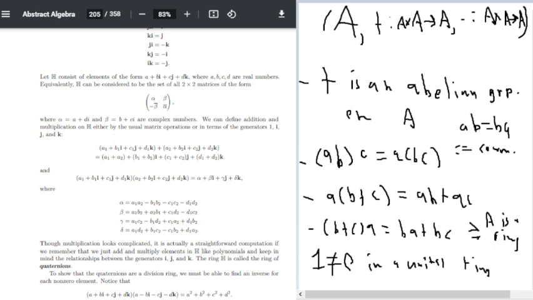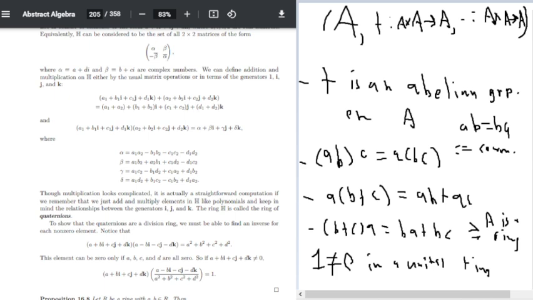The conjugate is just flipping the imaginary parts around. We can define addition and multiplication on H by either the usual matrix operations or in terms of the generators 1, i, j, and k. We just distribute it out, and we get exactly what we need.